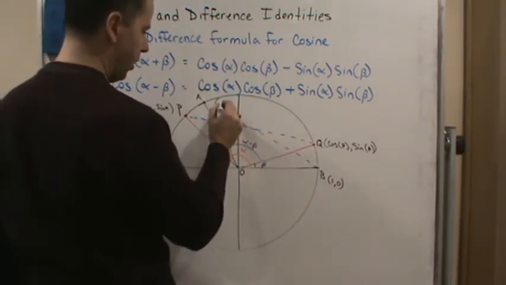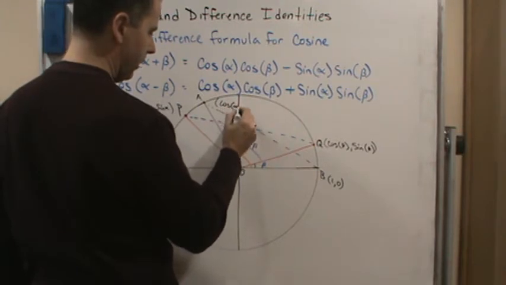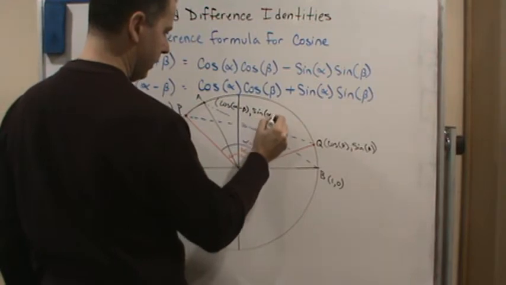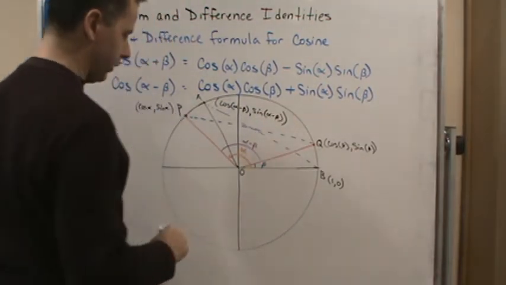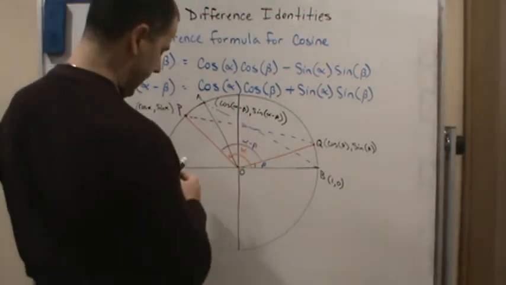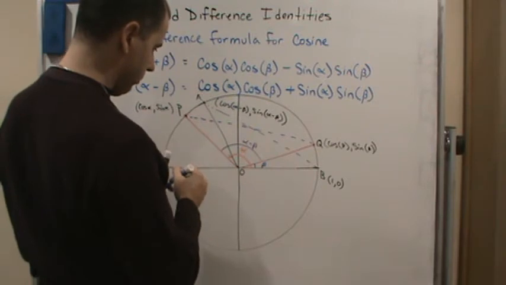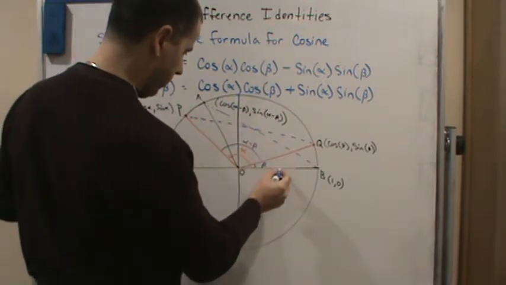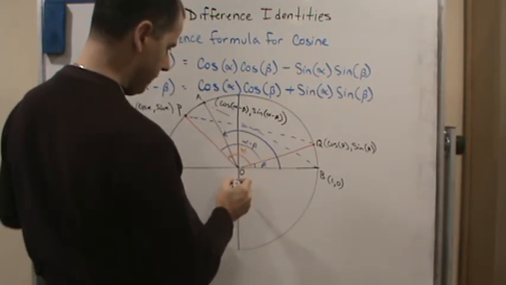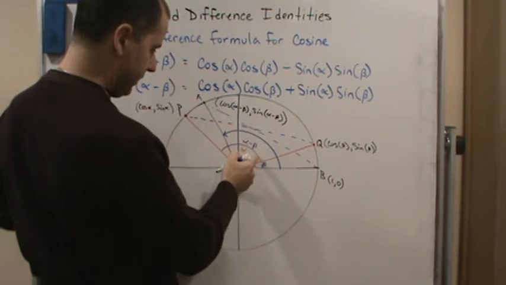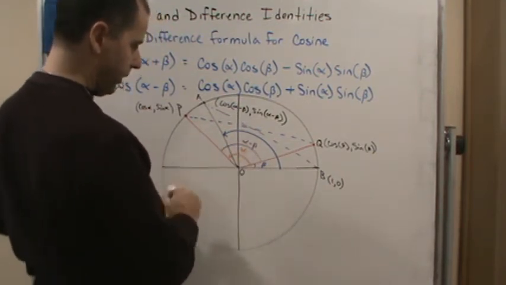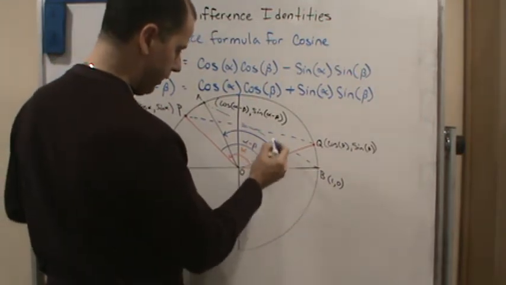So this is going to be cosine alpha minus beta, comma, sine alpha minus beta. Because this angle from here to here is the same as the angle between the two rays, so this is also alpha minus beta.